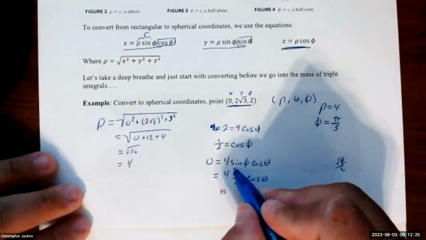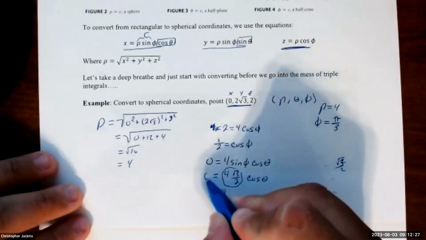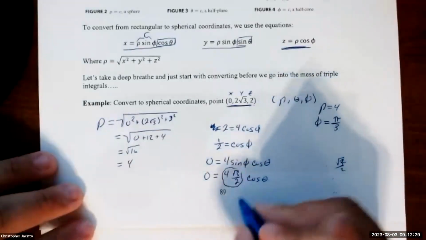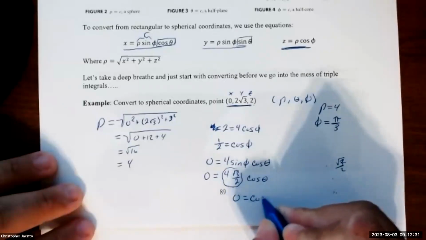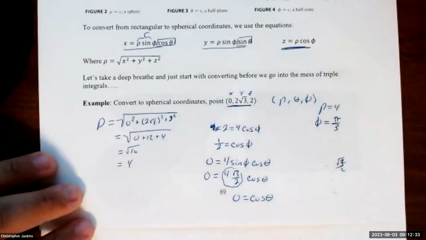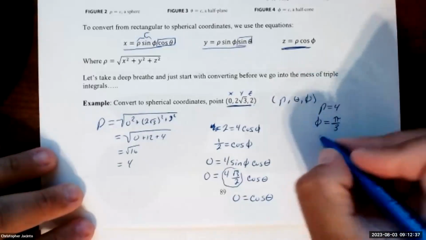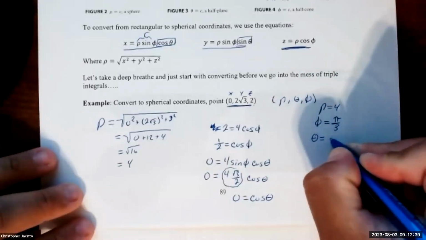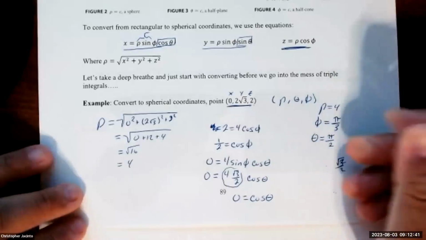And it really doesn't matter because this is going to be equal to 0. So if I just divide it all over, it just gives me 0. So the question is, when is cosine equal to 0? Pi over 2.